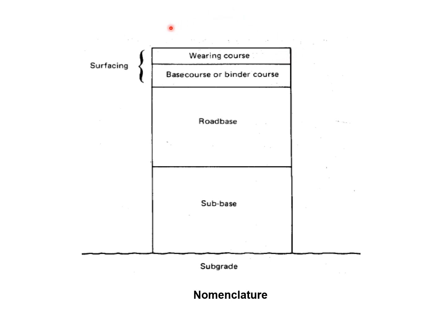So this surfacing consists of 2 layers, wearing course and the base course or binder course. Better to use the term asphaltic base course for this. So this is the nomenclature which is being followed in the Road Note 31.